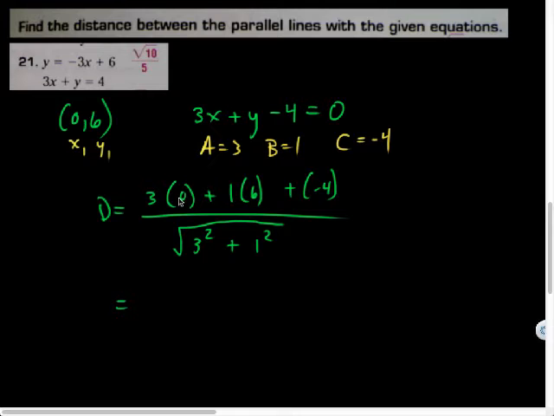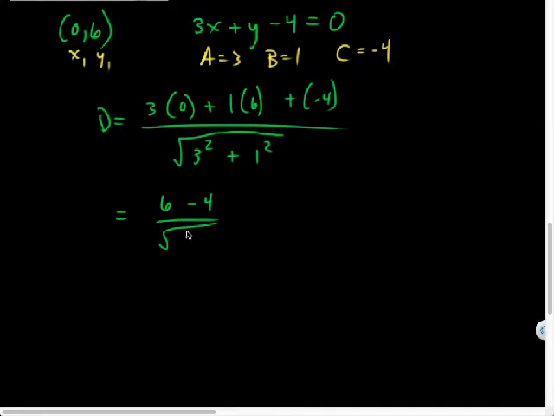So let's see, I get 6 minus 4 is 2 over the square root of 10.